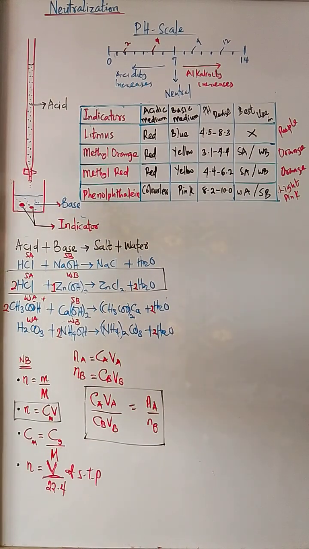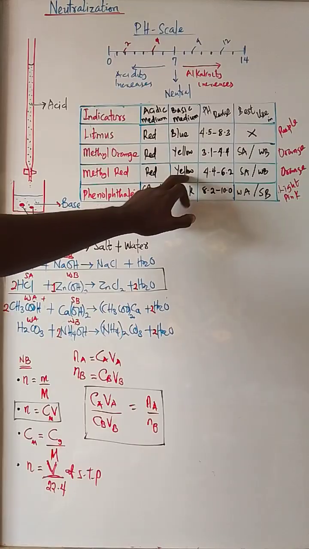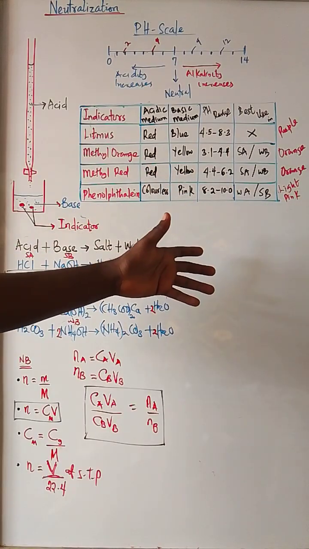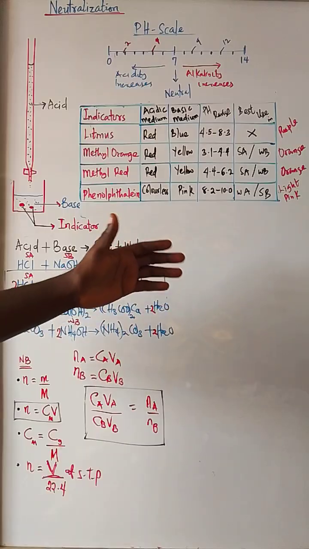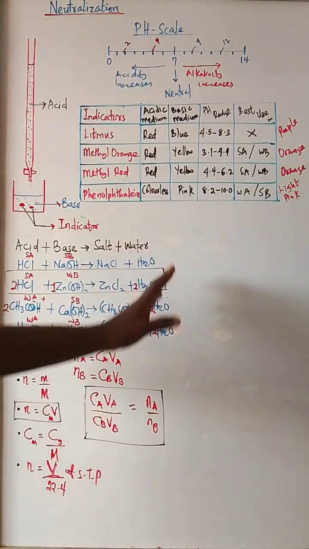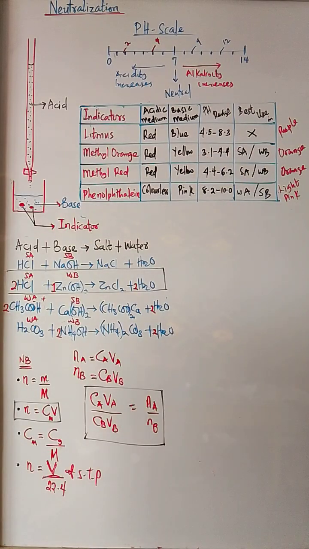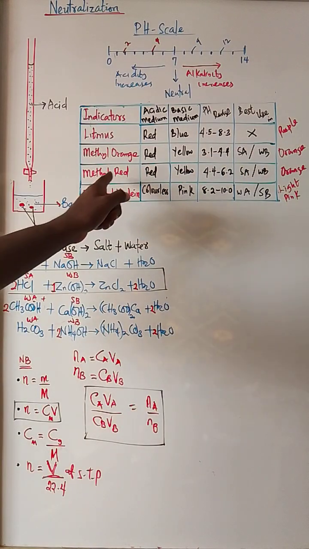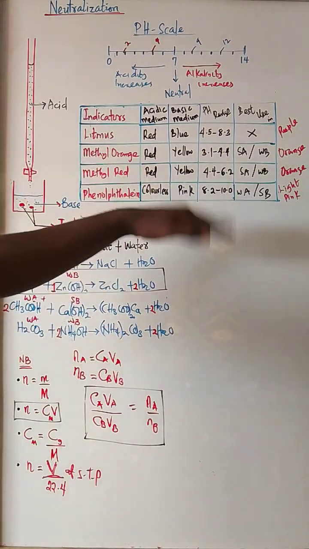When a certain volume of acid is added, this yellow, which is the color in basic medium, starts to change. As you add acid, it becomes a bit acidic. The pH will be reducing because of increasing hydrogen ion concentration. So the color will try to change from yellow to red. And the midway from yellow to red is orange. If you added the methyl red to the acid and poured base in, it would move from red to yellow.